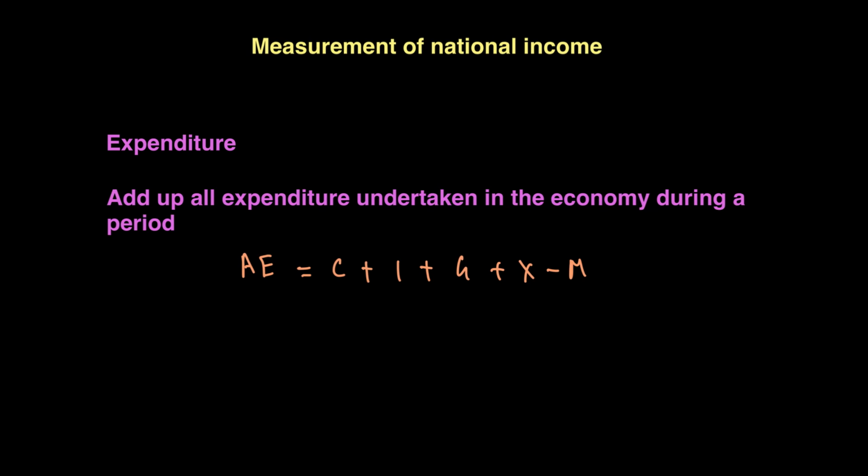Now, in this approach, what we get is what we call GDP at market prices, which means that there are indirect taxes and subsidies in this calculation of GDP at market prices, which may not be the same as the cost of making this output or expenditure. And that's why sometimes we may need to do an adjustment to find GDP at factor cost.